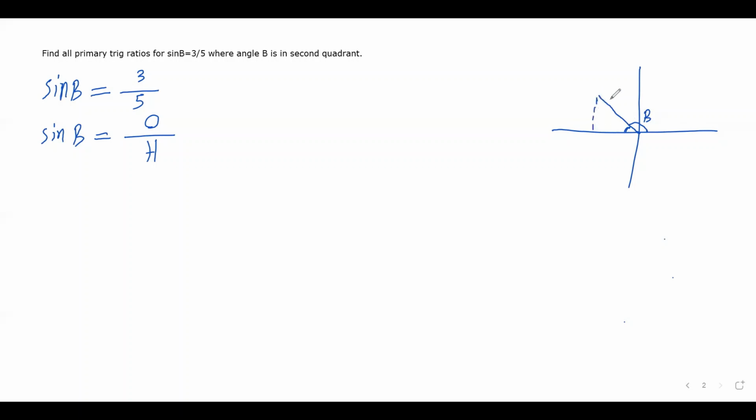If I want to graph my right triangle, this is my right triangle. I have sine B is 3 over 5. That means my opposite side is 3, my hypotenuse is 5. And we have to solve for the adjacent side.